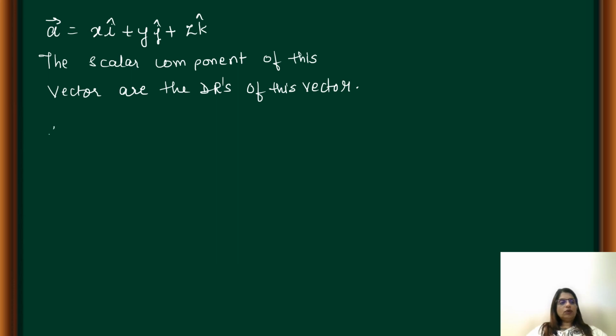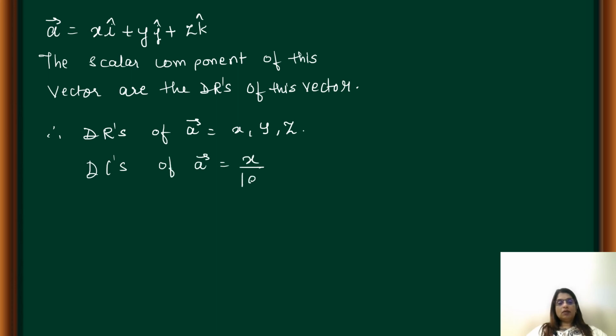Okay, so therefore can we say that direction ratios of a vector is equal to x, y and z, right? And direction cosines of a vector will be what? It will be x by magnitude of a vector, y by magnitude of a vector, and z by magnitude of a vector.